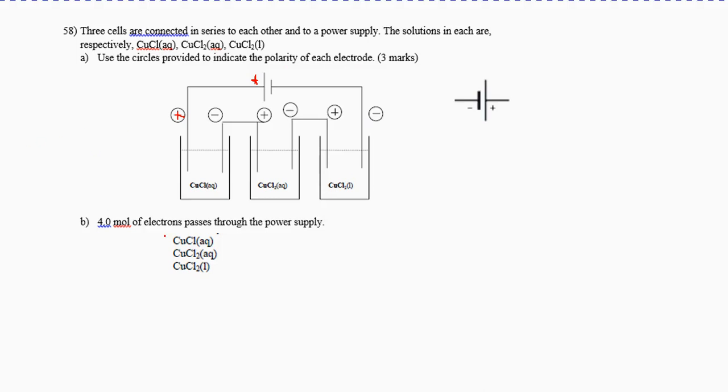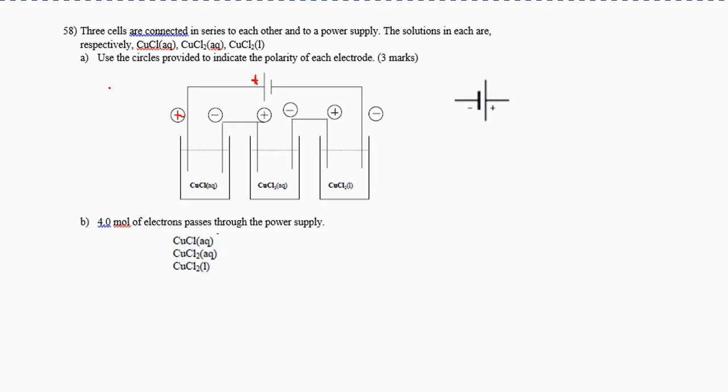Question B. It tells us that 4 moles of electrons are passed through the power supply, and it says how many electrons pass through each individual cell. So if we remember from our theory, the charge supplied by the power supply may actually differ from the charge that is received at the cell. But in this question, we aren't given any information. We're not told the charge or anything like that.